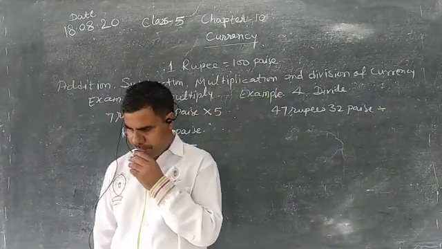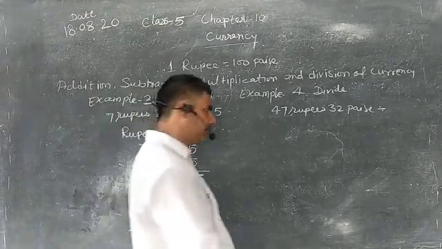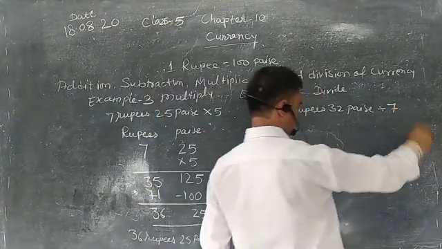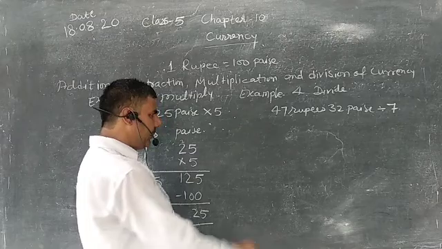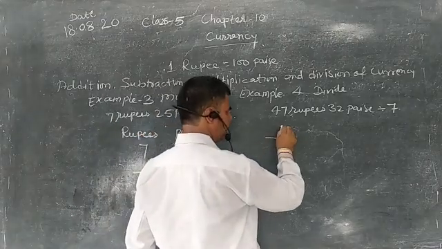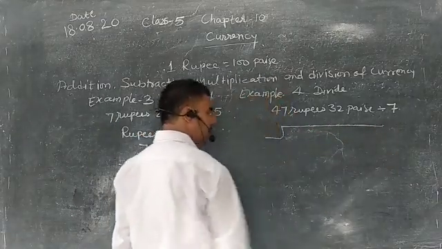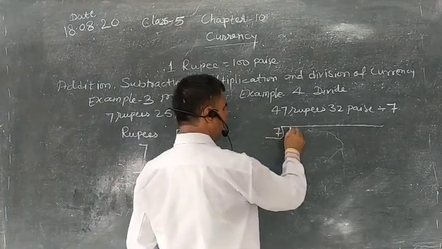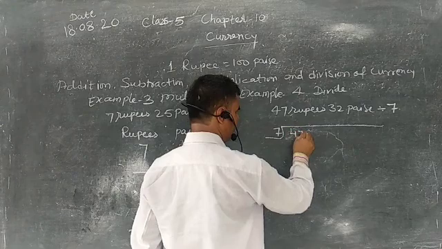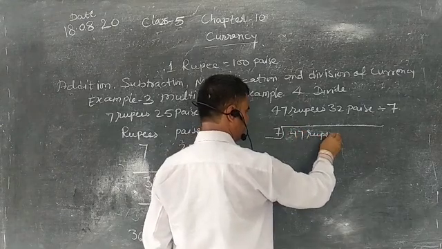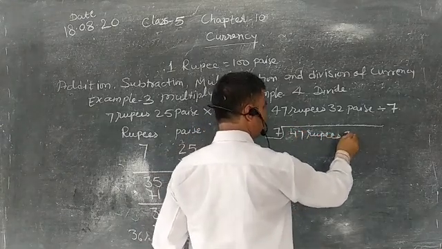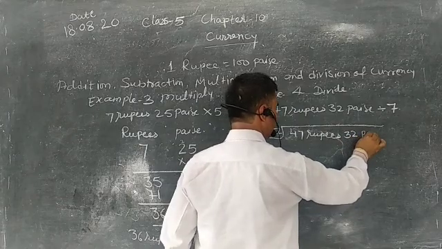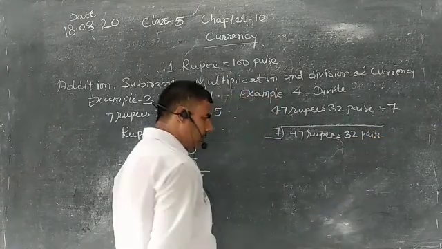We want to divide by 7. Yes. Then make 7 right here and 47 rupees, 32 paise.